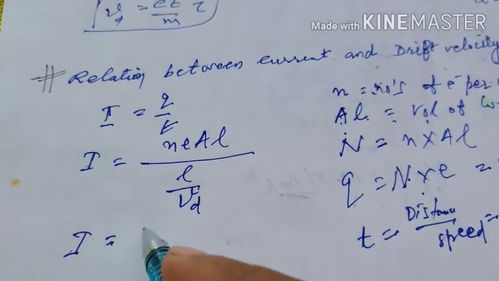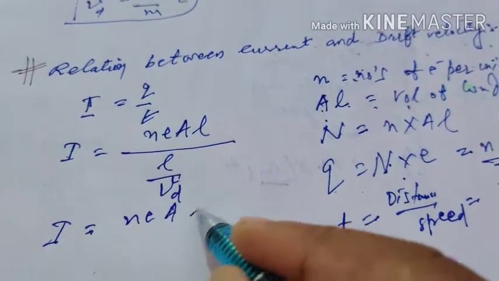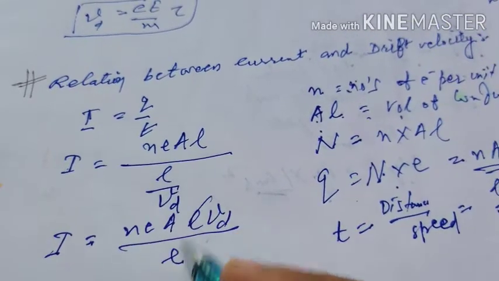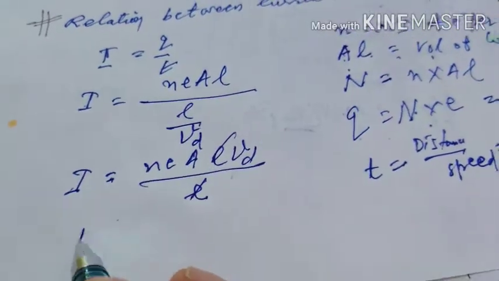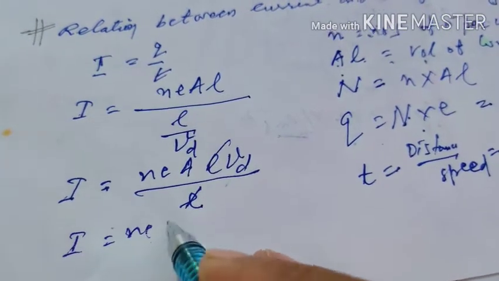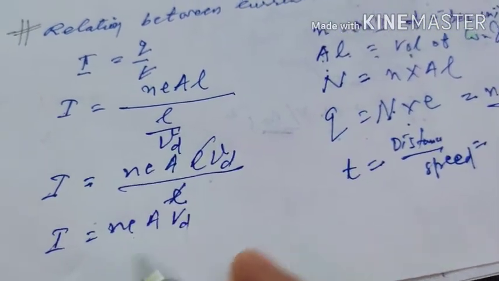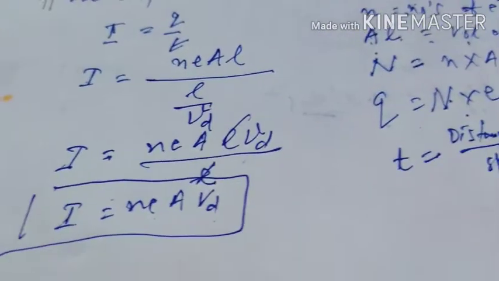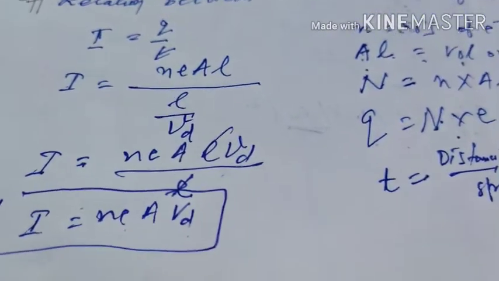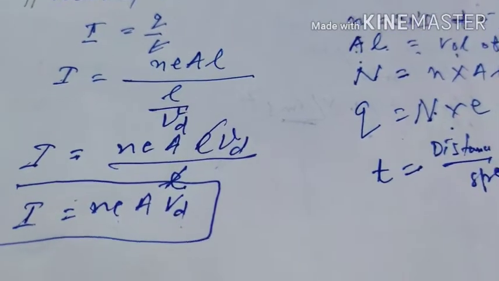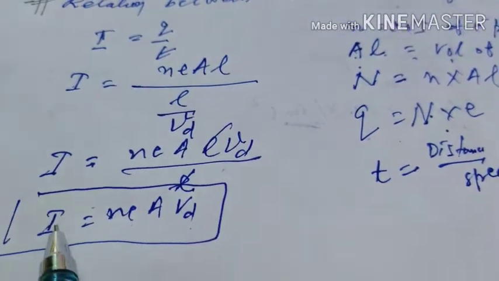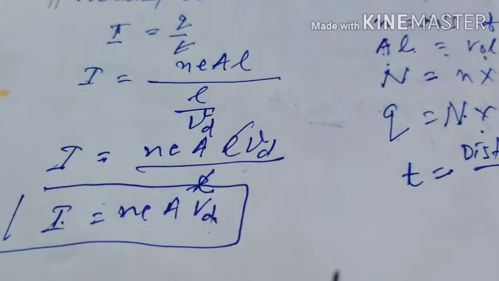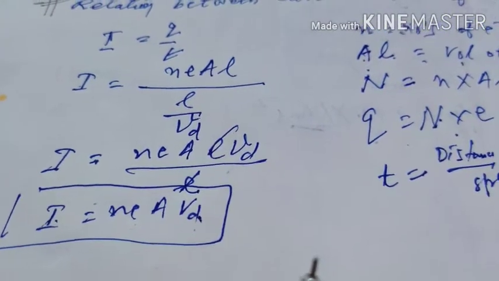I is equal to nAL e into vd over L. So L cancels with L. So I is equal to nAe into vd. So this is the required expression for current and drift velocity. Current is related to drift velocity according to the relation I is equal to nAe vd.